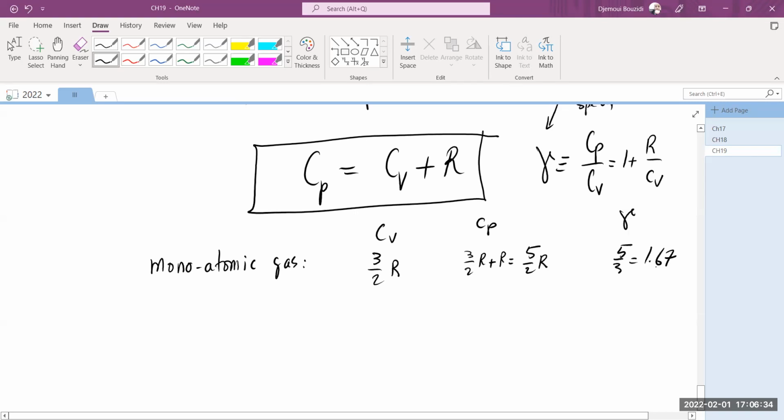This is for a monoatomic gas like helium, argon, or neon, any of those gases.